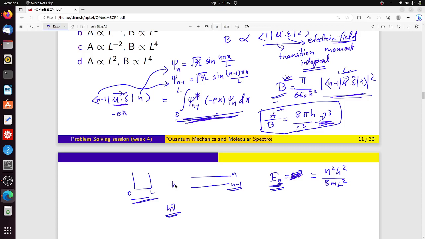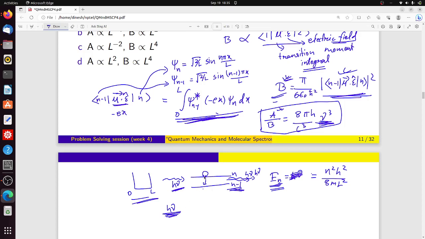So this external photon h nu, let's say this is a stimulated emission. This photon will come, h nu. This will stimulate this electron or particle in this nth state to go to this n minus 1 state. So it will emit this h nu. Okay, so this is the energy of the external photon, or you say this is the emitted photon energy.